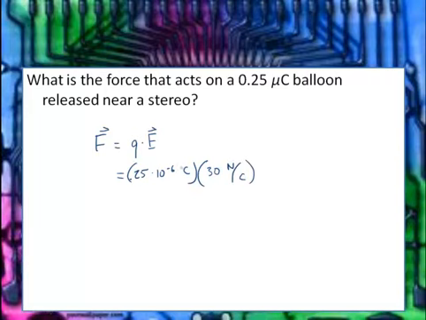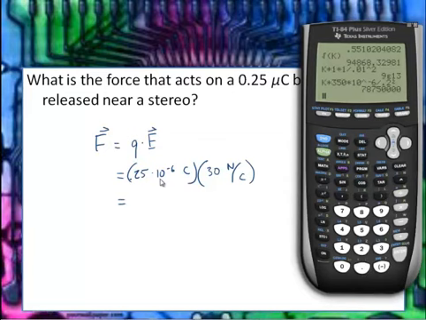And notice the coulombs and the per coulombs cancel themselves out, so my answer is going to be a force unit of newtons. And 0.25 times 10 raised to the negative 6 times 30 is not a whole lot. Did I do that calculation right? I kind of remember that being a bigger number.